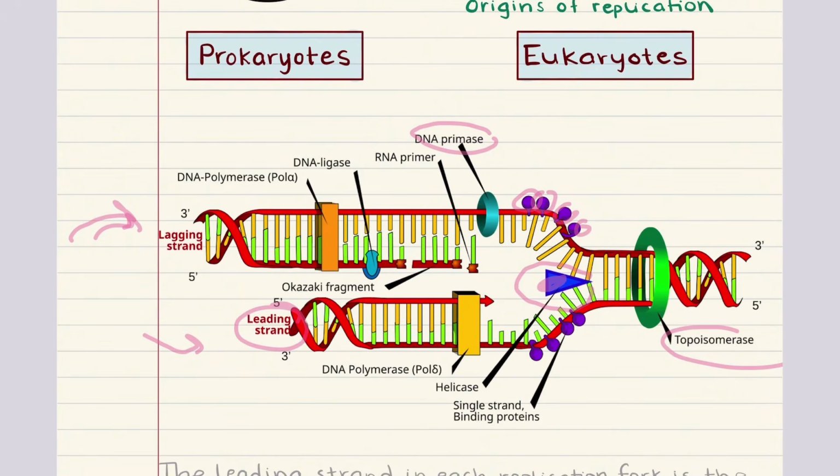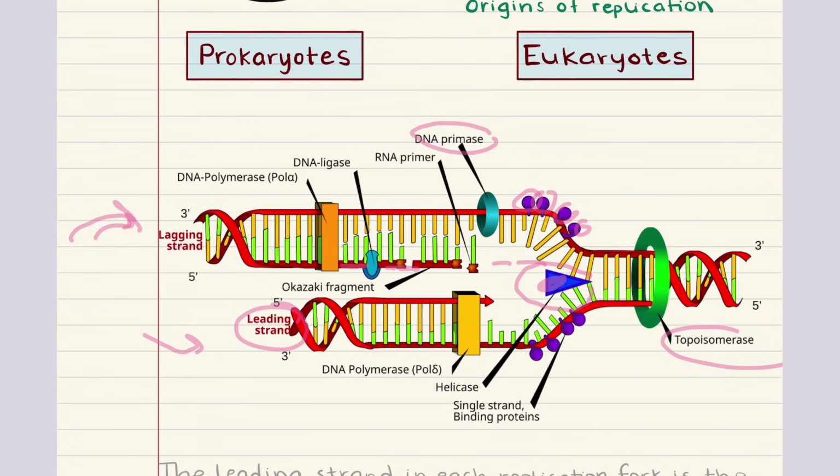Primase periodically lays down new RNA primers closer and closer to the replication fork. Then DNA polymerase alpha adds a short stretch of DNA to each primer, and DNA polymerase delta takes over to extend the fragment. Each fragment is synthesized in the 5' to 3' direction, but overall the fragments are made away from the replication fork.